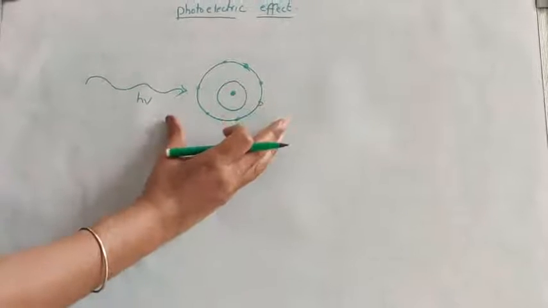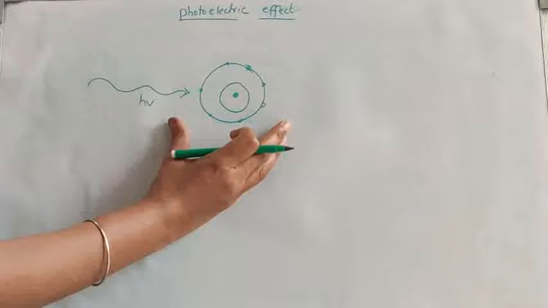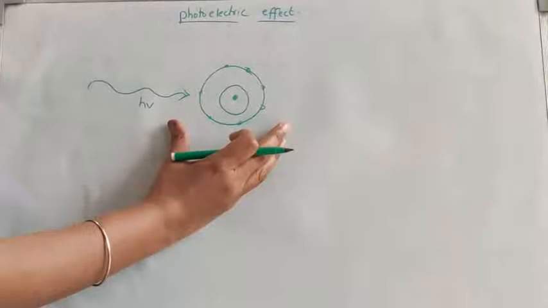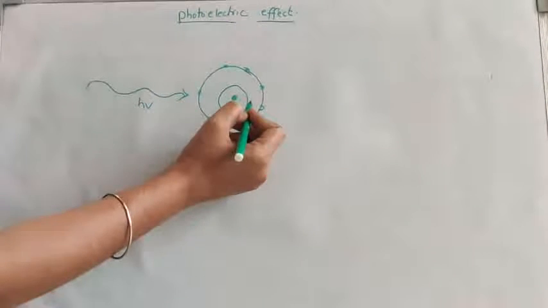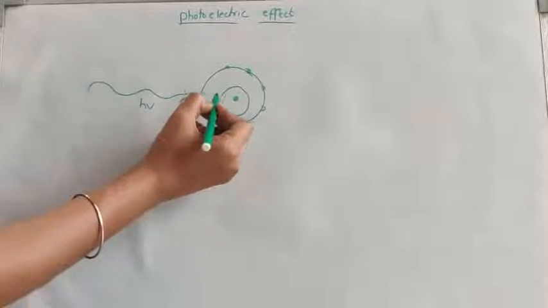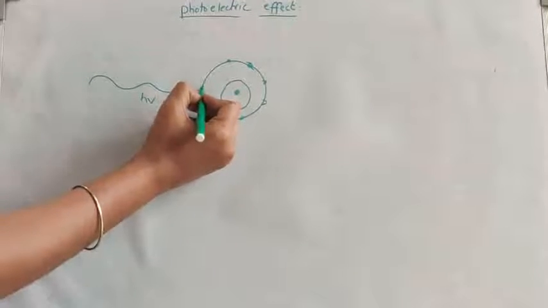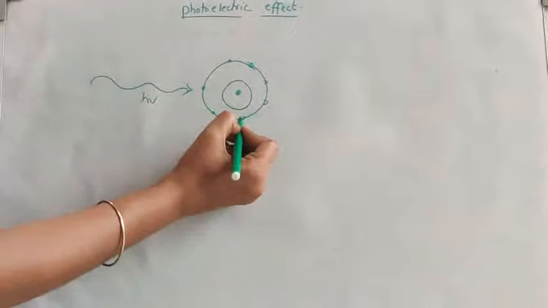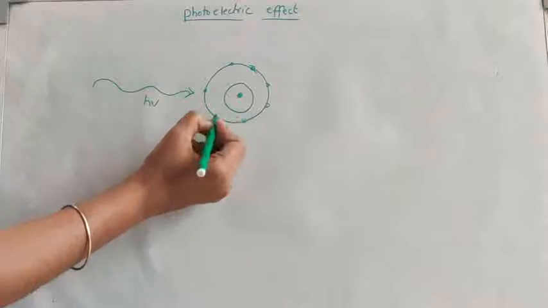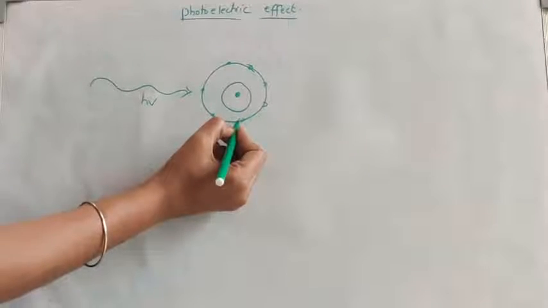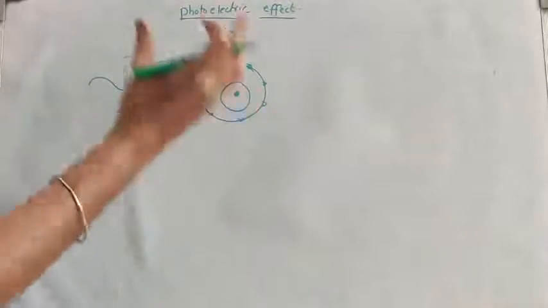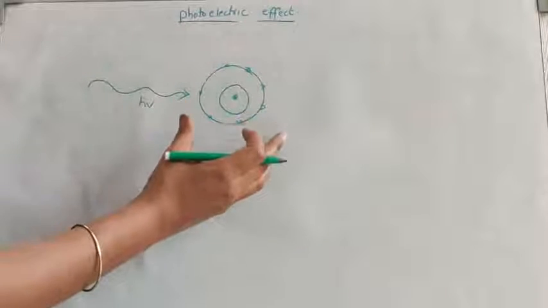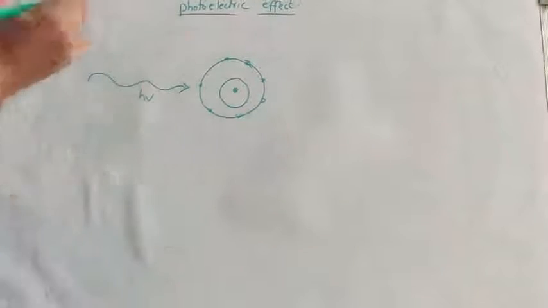This process is called the photoelectric effect. Or you can say that when a photon collides with an atom, it strikes an orbital electron and transfers all its energy to the electron, and the electron is ejected from the atom. This whole process is known as the photoelectric effect.